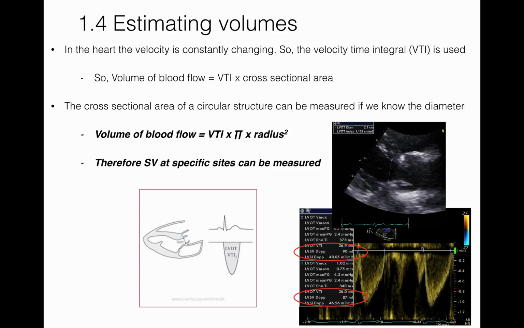Because the velocity of flow is constantly changing in the heart, the velocity time integral is used to calculate the velocity of blood flow at the point of reference. So the volume of blood flow can be calculated by multiplying the velocity time integral of blood flow with the cross-sectional area at specific sites within the heart.